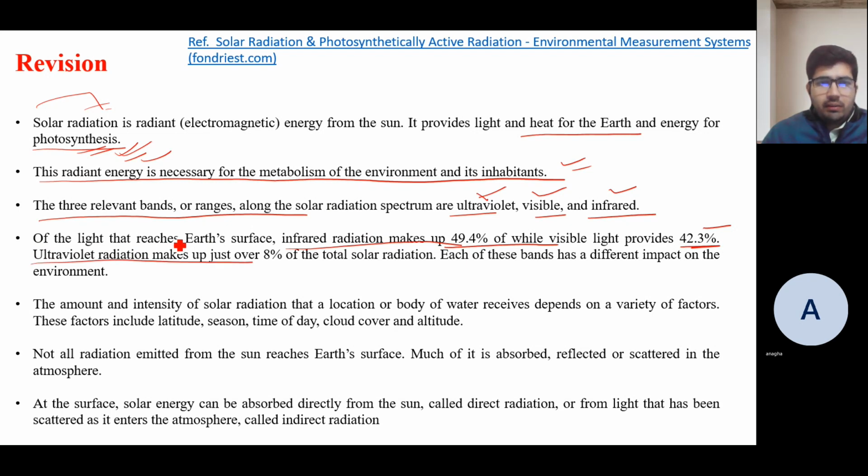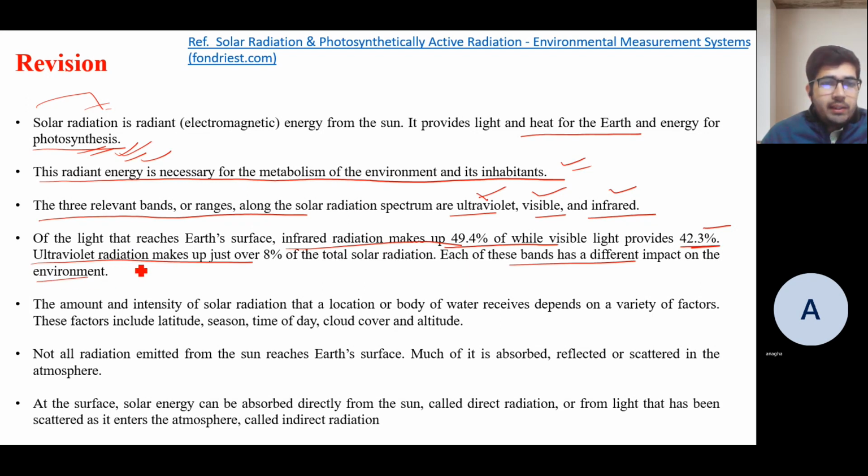So UV is very little, the major part is infrared radiation, and second is visible light. Each of these bands has a different impact on the environment. We will also discuss the impact of these bands on our environment in our upcoming slides.